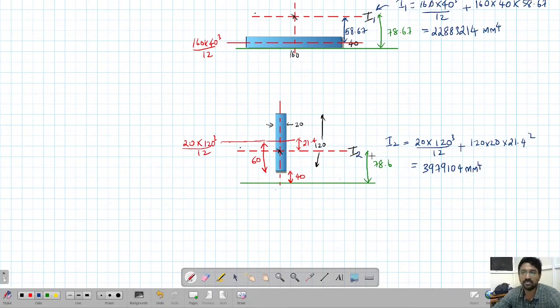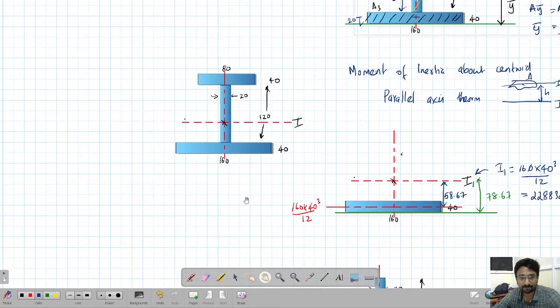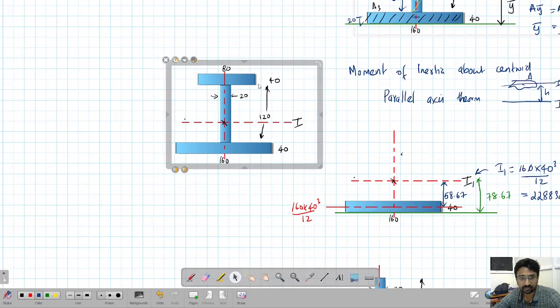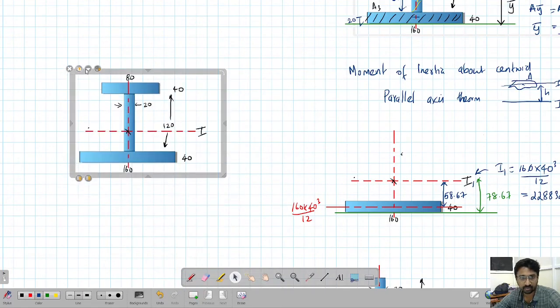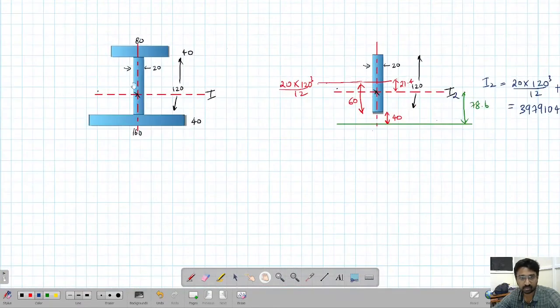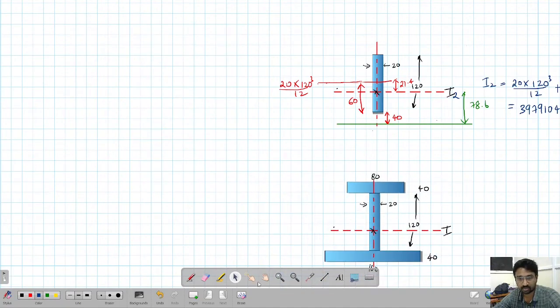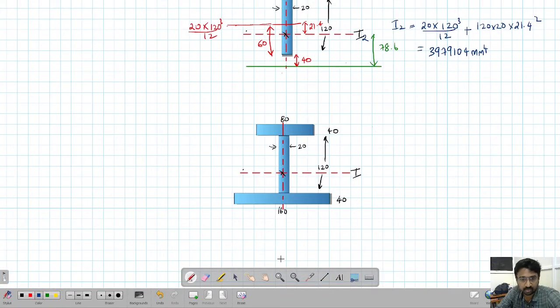Now one more portion we have. We just have to finish with that portion. So this is the axis that we know. We know this distance, this distance is nothing but 78.6.